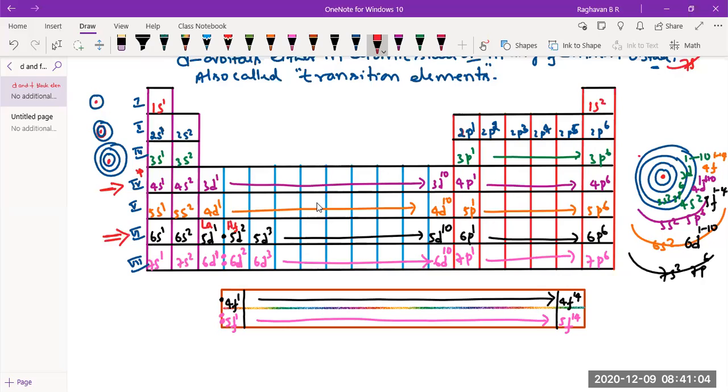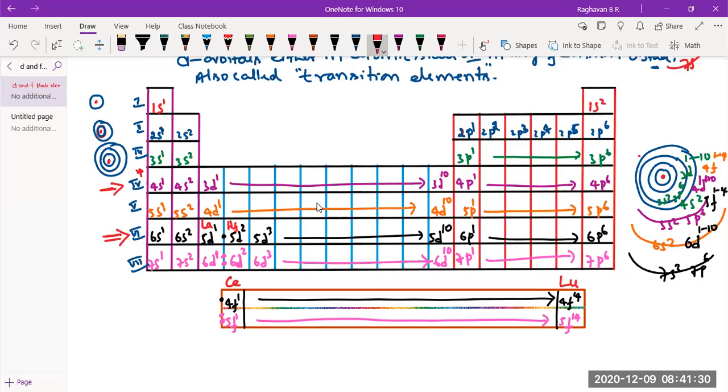If you think from lanthanum to hafnium the atomic number difference is only one, it is wrong. Because after lanthanum, 14 elements from 4f1 to 14 will fill. This 4f1 element is cerium. And the last element, 4f14, is lutetium. After lutetium, it comes back to 5d1, 5d2, that is hafnium.